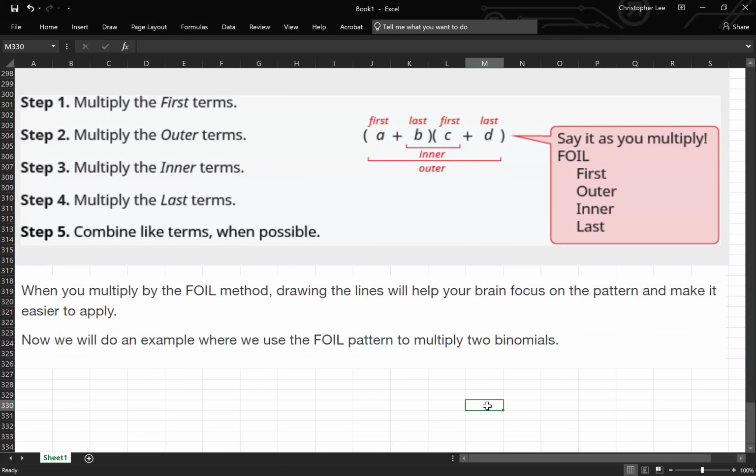So when you multiply by the FOIL method, drawing the lines will help your brain focus on the pattern and make it easier to apply, right? Now we will do an example where we use the FOIL pattern to multiply two binomials. All right.